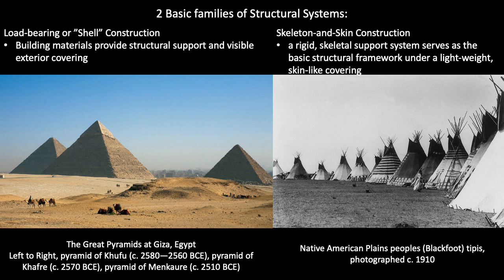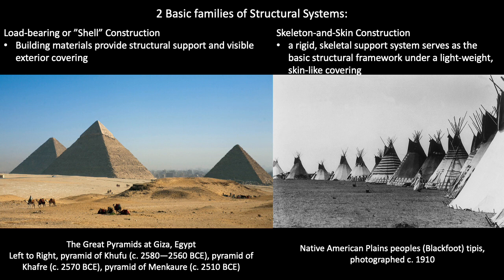There are two basic families of structural systems: shell or load-bearing construction, in which the building materials provide the structural support as well as the visible exterior covering, such as at the Great Pyramids of Giza, which were built of carefully stacked sandstone blocks that had been faced with white limestone.